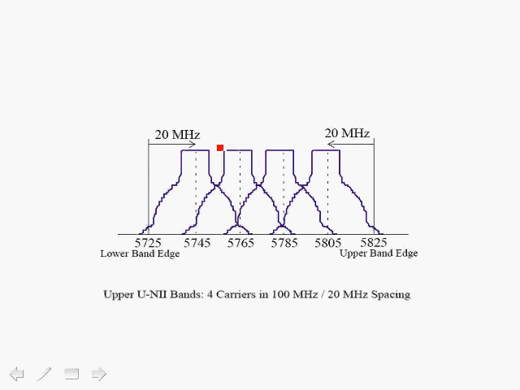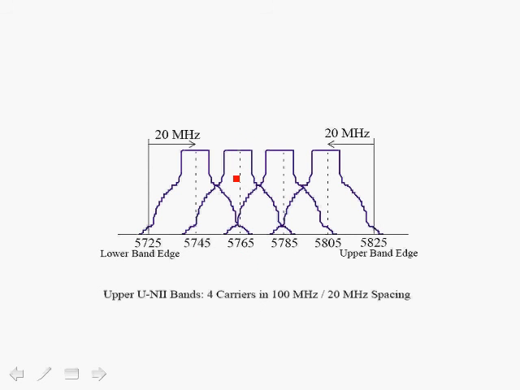So far we have described a baseband digital communication link. Next we consider communication over bandpass channels. Here's an example. We are showing 4 channels in the upper U-NII band for 802.11a.